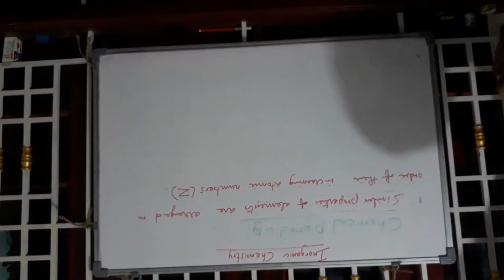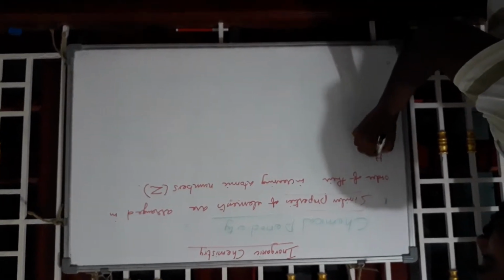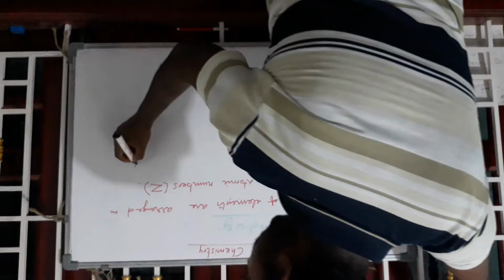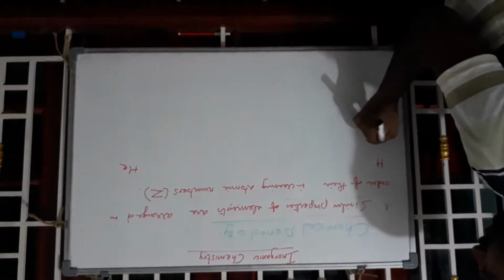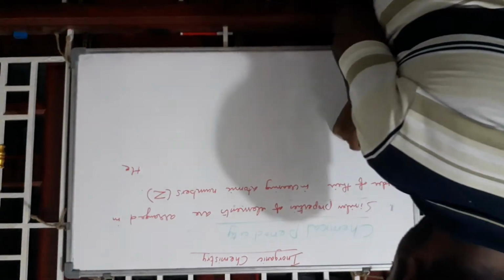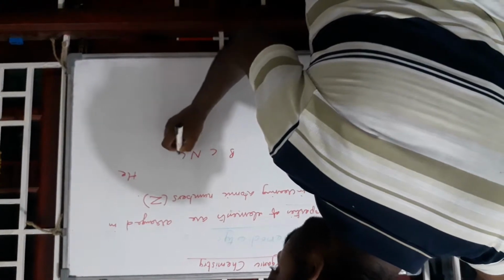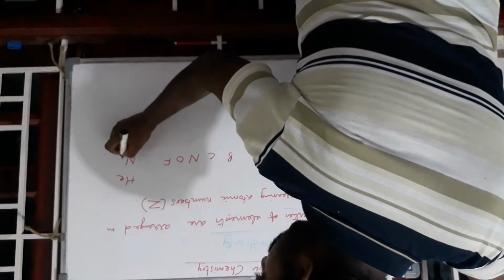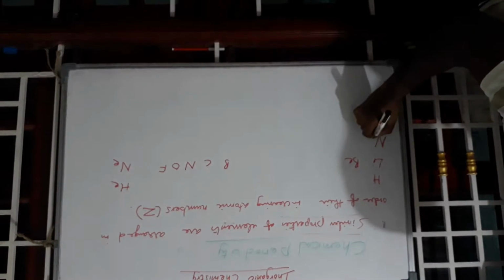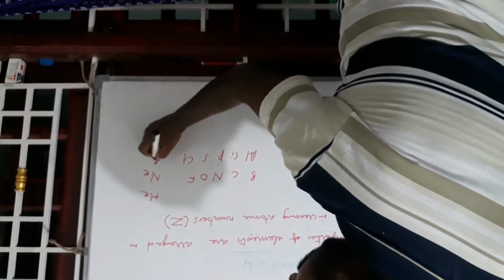For example, we should discuss the periodic table. You know the first one is hydrogen, atomic number 2 is helium, third is lithium, fourth is beryllium, then boron, carbon, nitrogen, oxygen, fluorine, and neon, sodium, magnesium, aluminium, silicon, phosphorus, sulfur, chlorine, and argon.